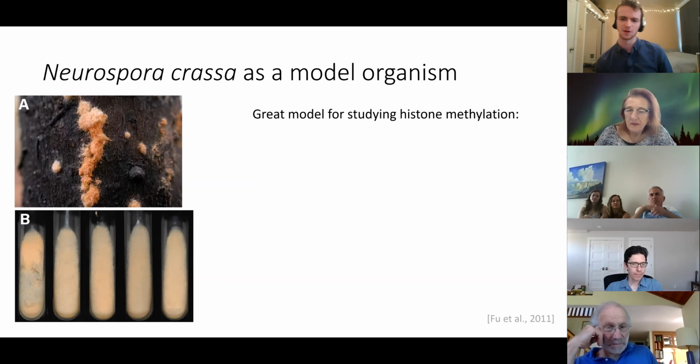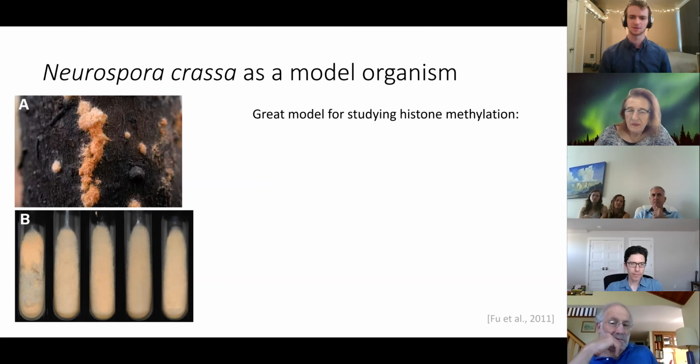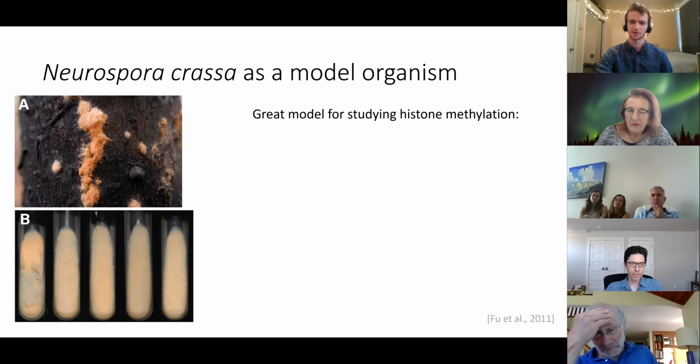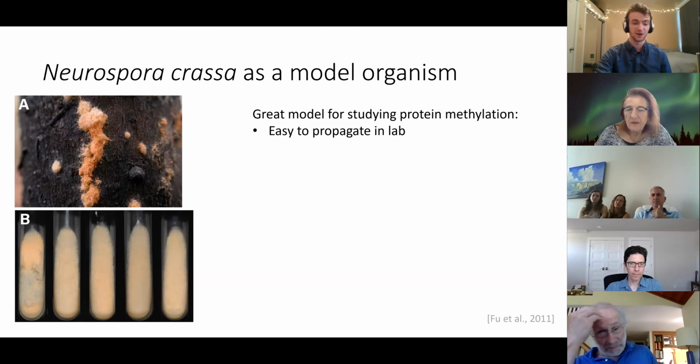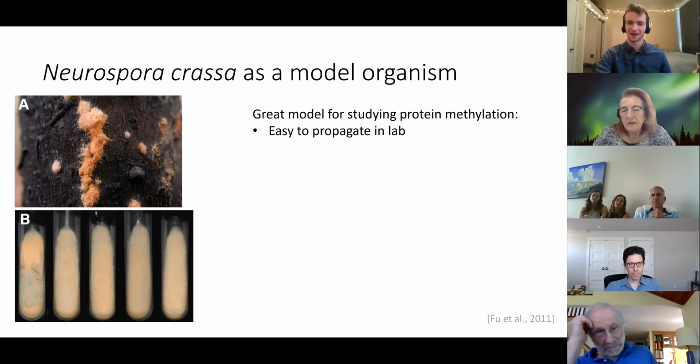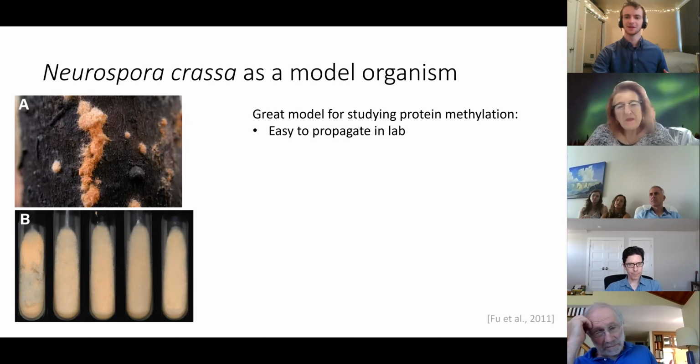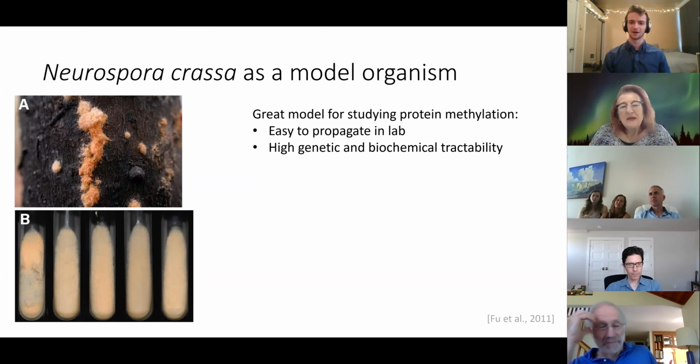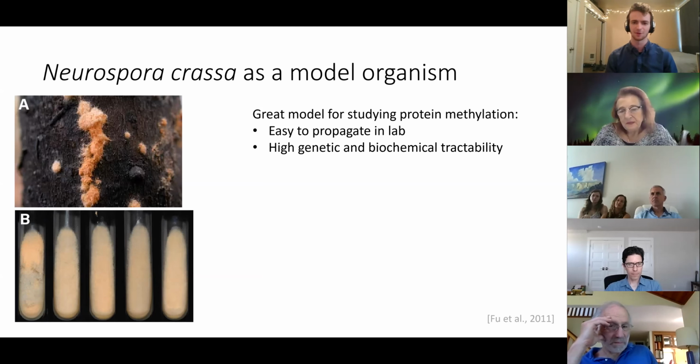It's a great model for studying histone methylations because it's very easy to propagate in the lab. You don't need to have rat cages or ethics boards about it. It provides lots of options for manipulating the genome due to its high genetic and biochemical tractability, so you can cut and paste genes all over the place.